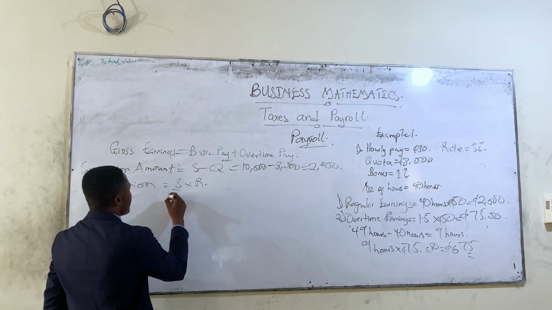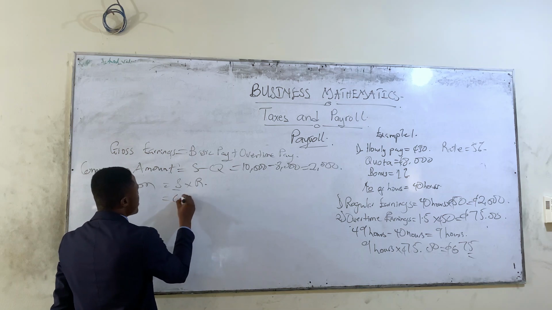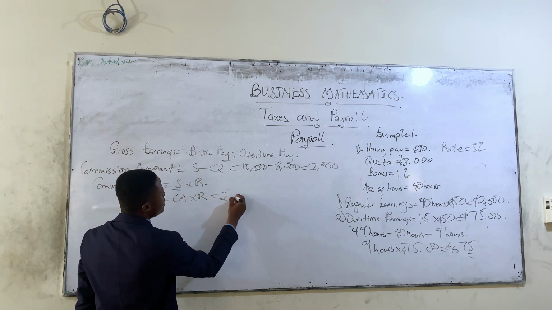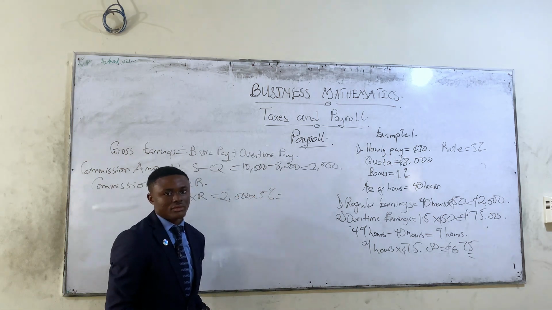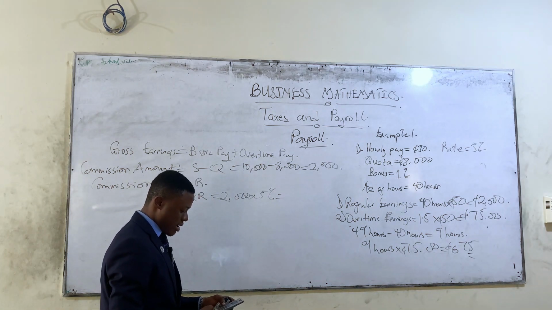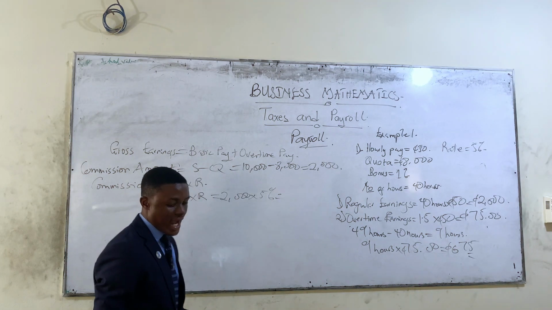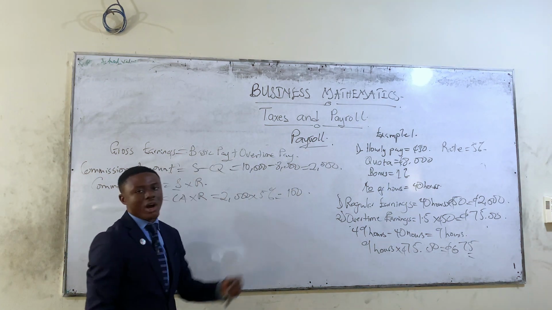So our commission amount, as I said, is no longer sales but commission amount times rate. Our commission amount is 2,000, and our rate is 5%. So if we multiply 2,000 by 5%, we are getting 100. So 100 becomes our commission.